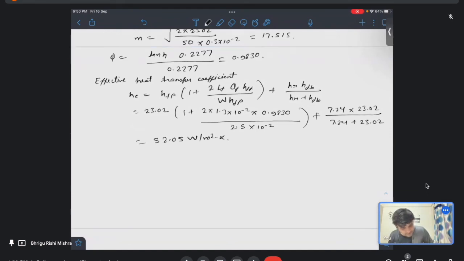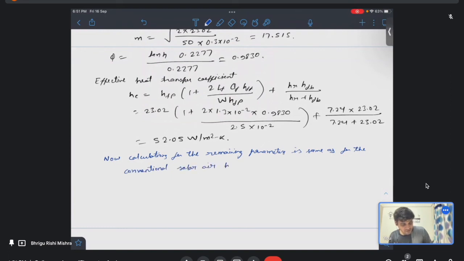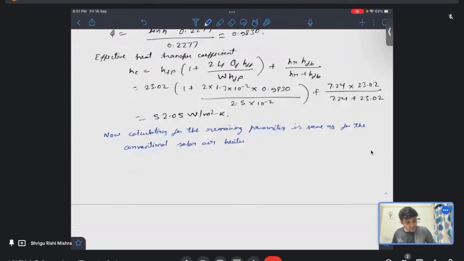So now the calculation for the remaining parameters is same as for the conventional solar air heater.